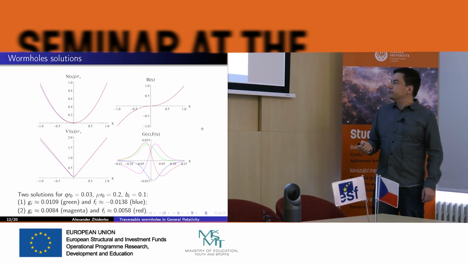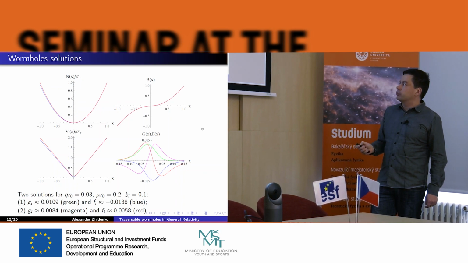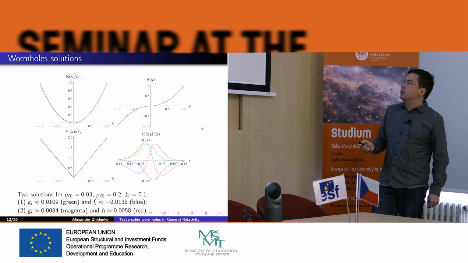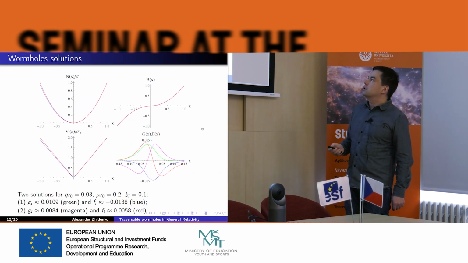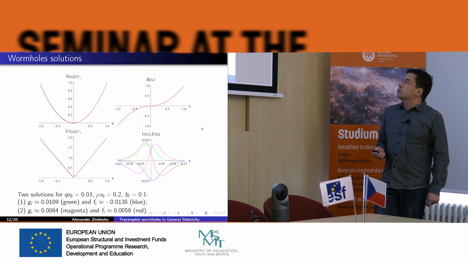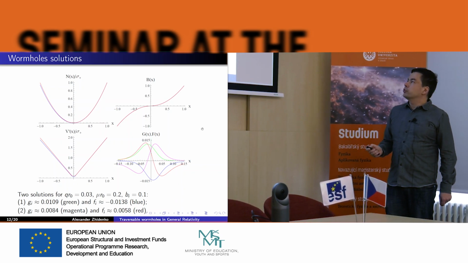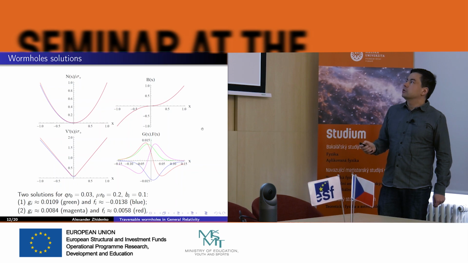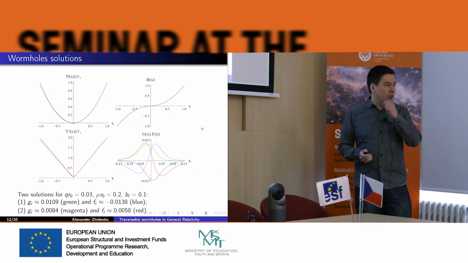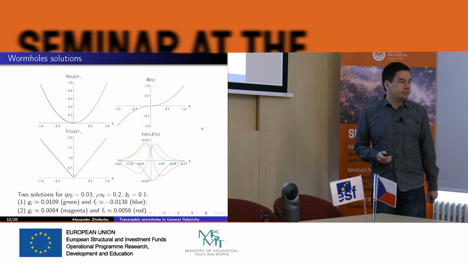And we see that the configuration of the fermions is quite different, but the metric functions and electric field remain very close. And also what is interesting is that this asymptotic behavior is different on two sides of the wormhole. The asymptotic observers are redshifted.